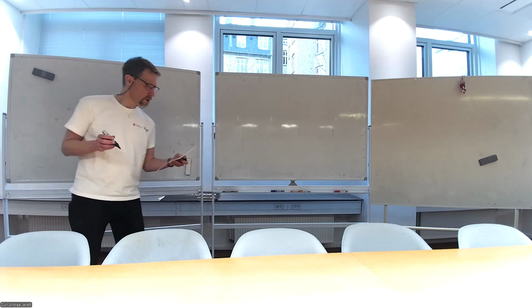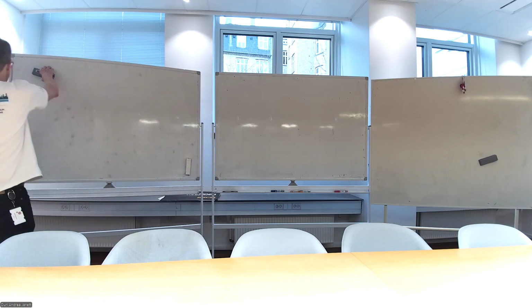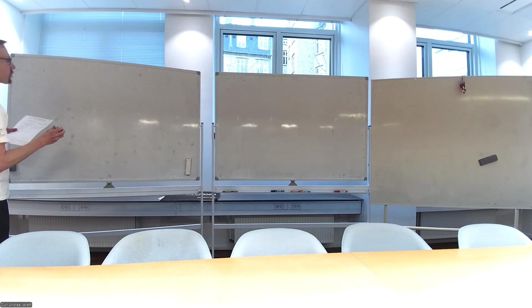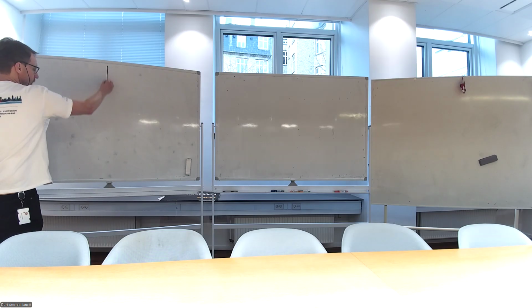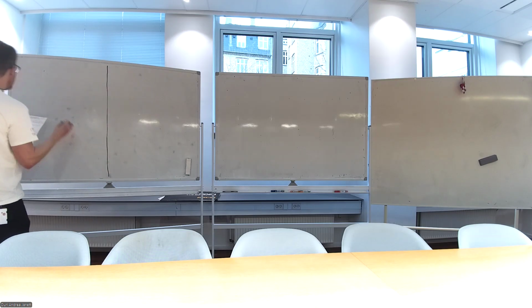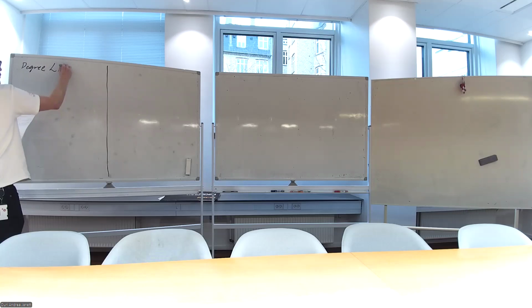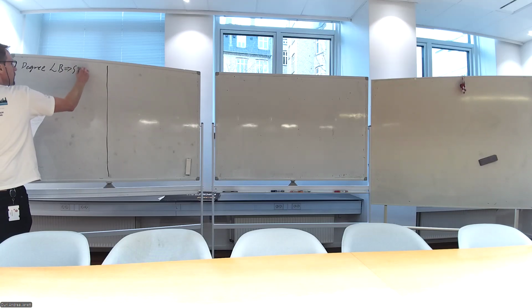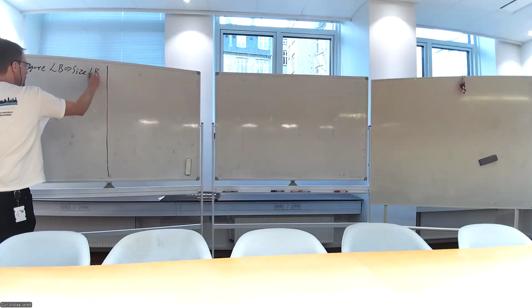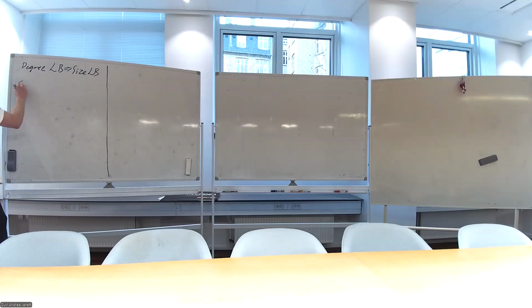And we know that the context, what we've learned so far, is that degree lower bounds imply size lower bounds. Namely, just to repeat this, by now we're used to this.